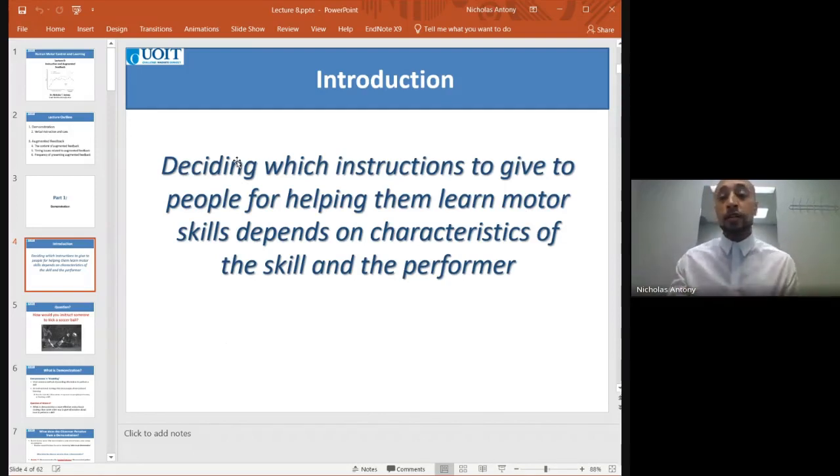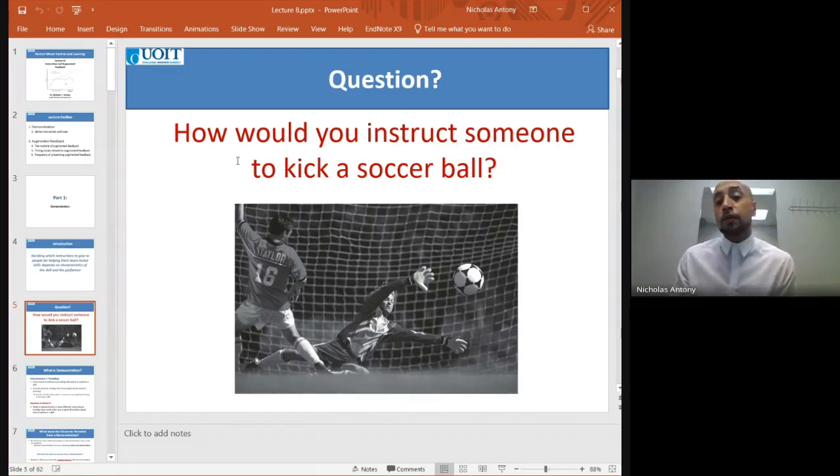Because if I ask you guys a question like this, how would you instruct someone to kick a soccer ball? What would be the easiest way for you to instruct a beginner in how to kick a soccer ball? Showing them, right? And does that make sense?